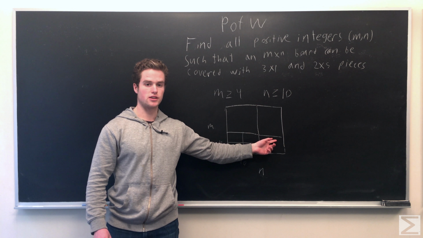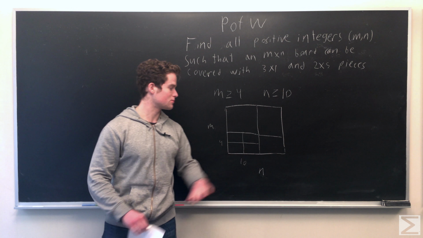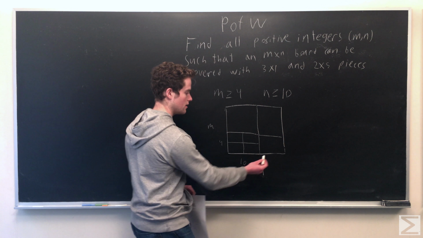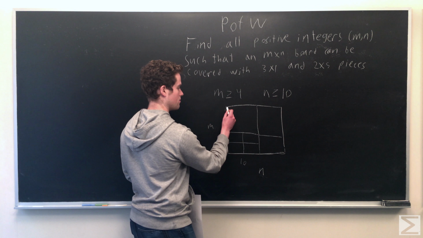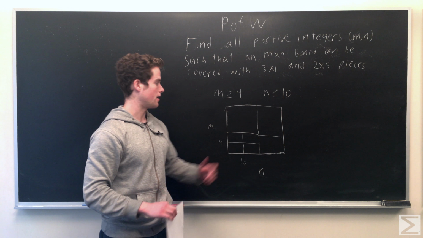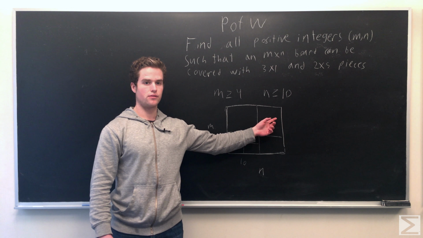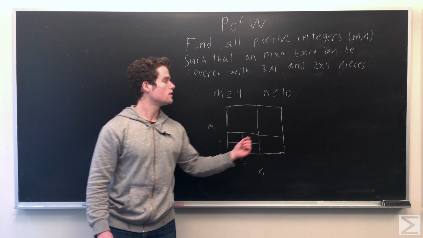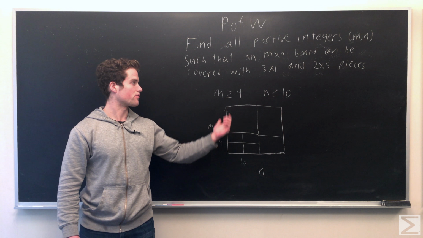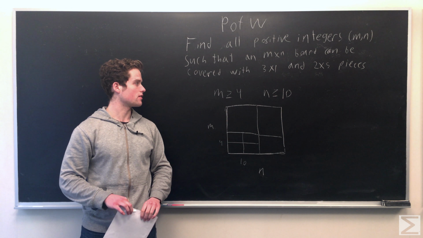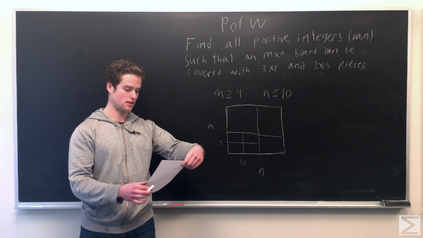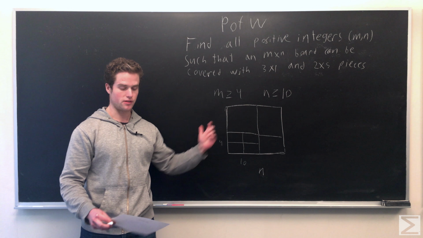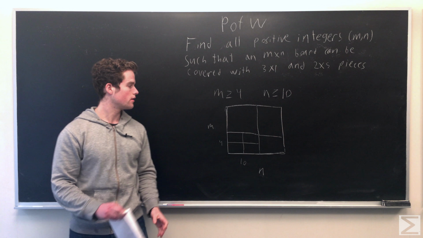And so when these two sections have sides congruent to 0 mod 3, specifically the bottom here and this side here, this will also have sides congruent to 0 mod 3, and so we can fill up this whole thing. And that shows us how if we have both m greater than or equal to 4 and n greater than or equal to 10, we can fill up the board.